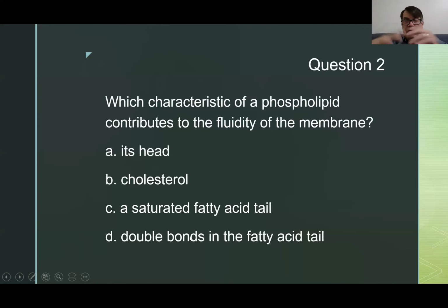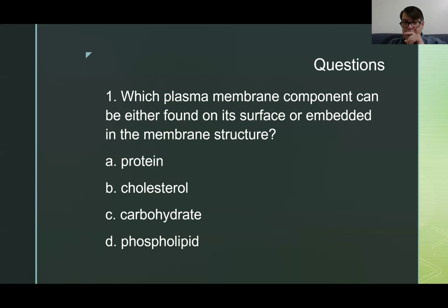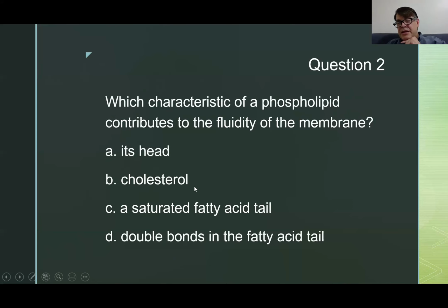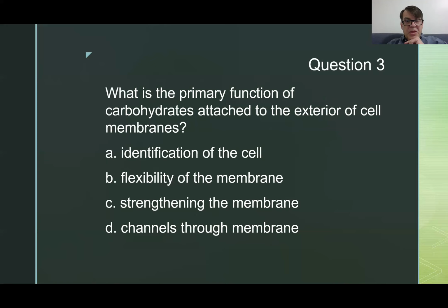That helps with temperature and with contraction. Well, what do you think? Let's go back. Oh, cholesterol helps with the fluidity of the membrane. I'm going to go with B, cholesterol. What do you think? Don't just take my word for it. You have a brain.